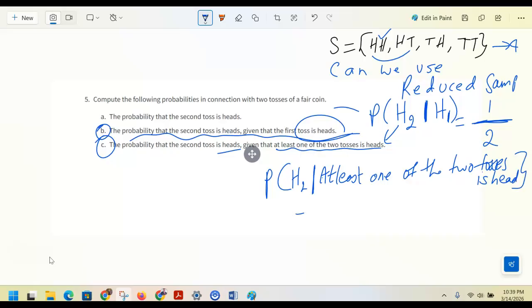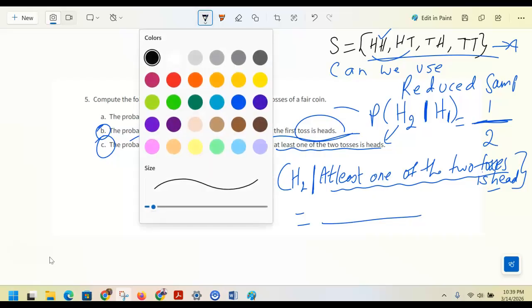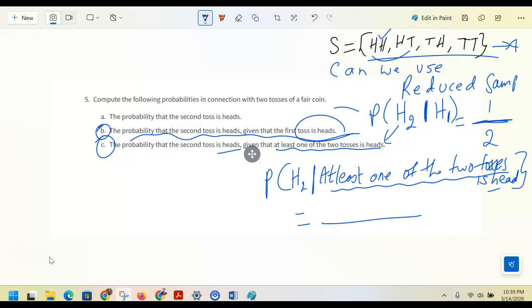What does this mean? One of the two tosses is head. That's what we have to do, reducing the whole four of them. At least basically means there has to be a head. There's a head here, a head here, a head here. Three, so out of three. And the second is head: the second head is this and this. So it is two. Two out of three, and you're done.